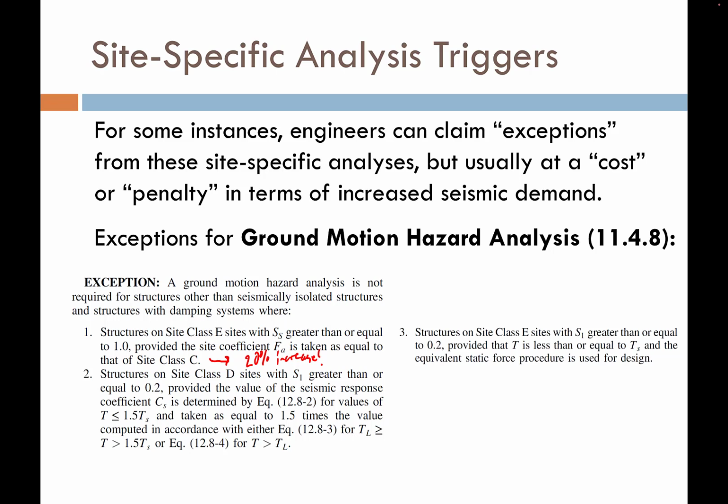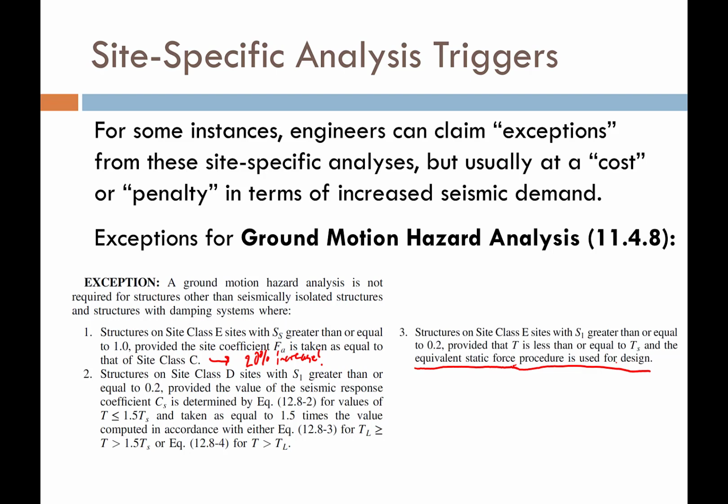And then the third, structures on site class E sites with a long period spectral acceleration greater than or equal to 0.2, provided that the period is less than or equal to T sub S and the equivalent static force procedure is used for design. So that's a structural design procedure.